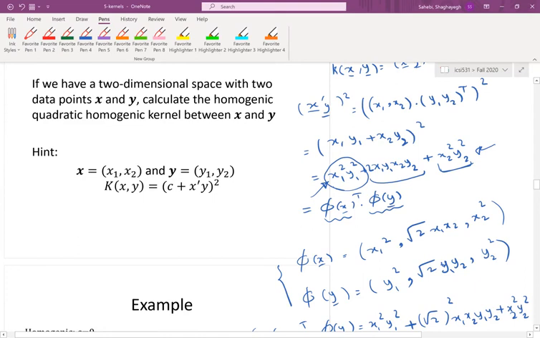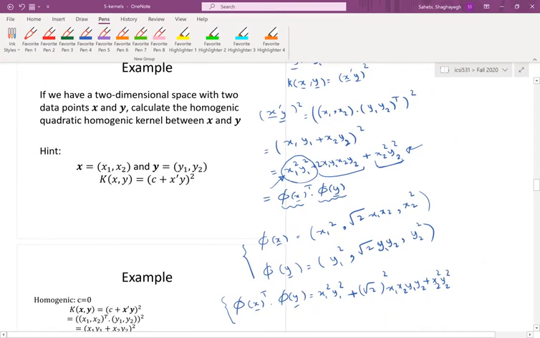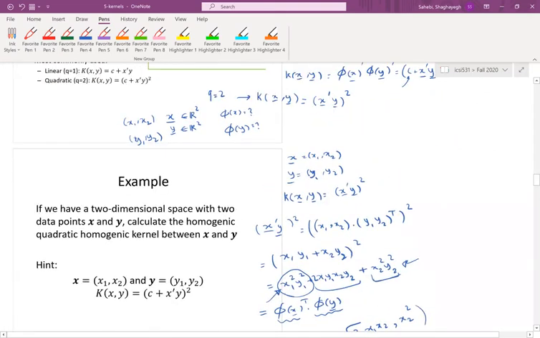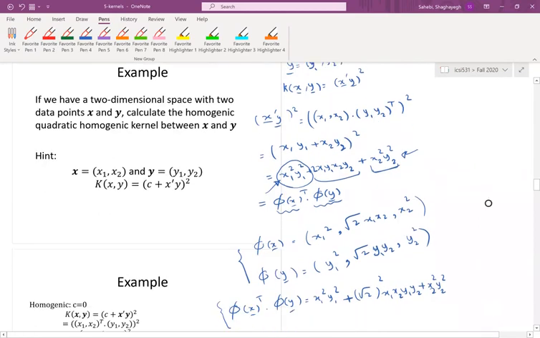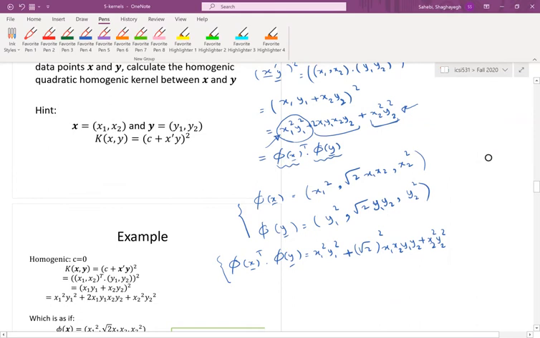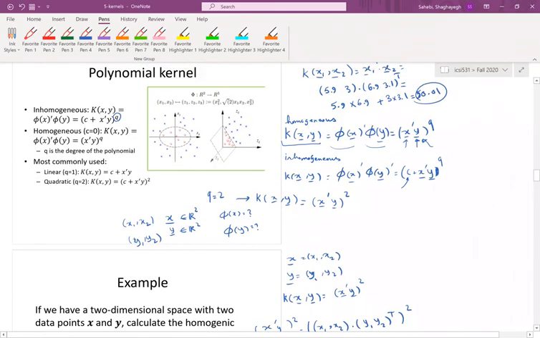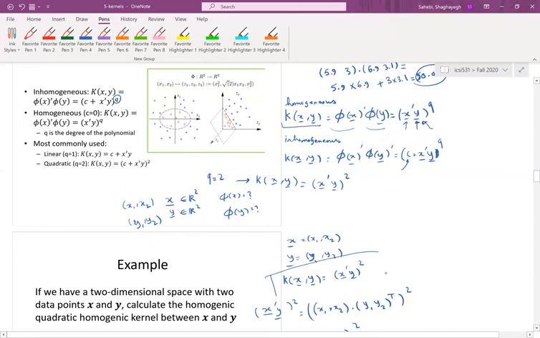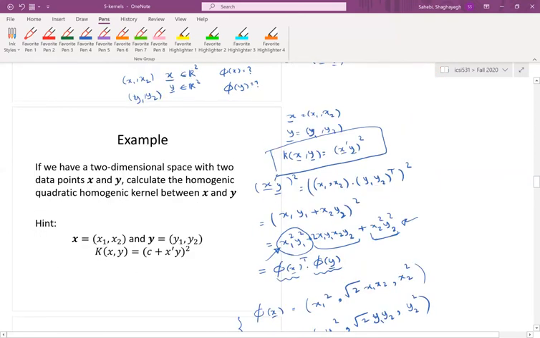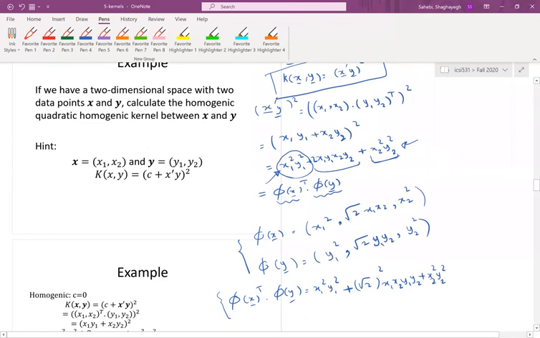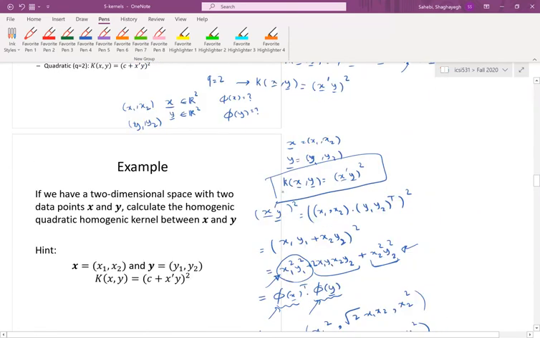So basically we have seen in this example that when we have a homogeneous quadratic kernel that we are defining like this, we can figure out what phi of x and phi of y were, so that we could get the kernel between x and y to be x transpose y squared.